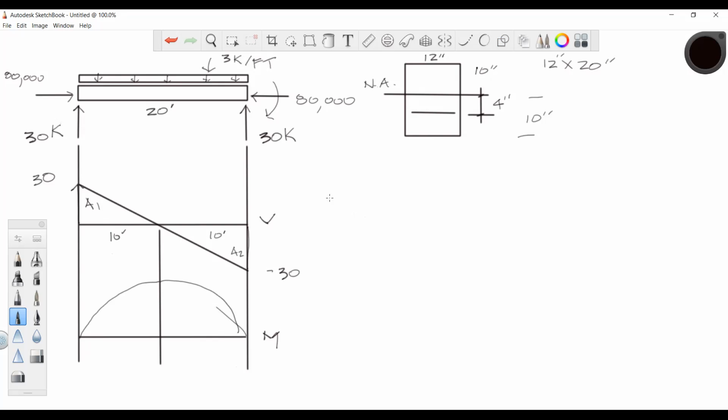So the moment at 1 is going to be area 1, which is 30 times 10 times 1/2. That gives me 150 kip feet. Okay, 150 kip feet.